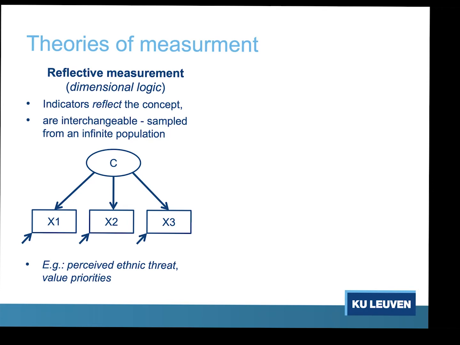And these indicators are interchangeable, right? So you could say that they are a sample of possible indicators from an infinite population of possible indicators. And what is important in the logic of this theory of measurement is that the indicators follow from the underlying concept. They do not exist without this underlying concept. So they reflect it, right?